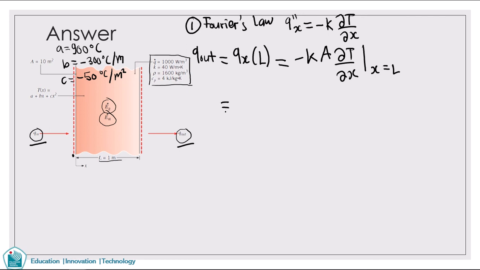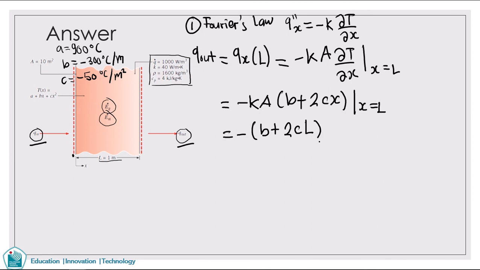So this equation is the same. So we will have minus Ka multiplied by b plus 2cx, but x equals L. So we put x equals L, so we have minus b plus 2cL multiplied by Ka.